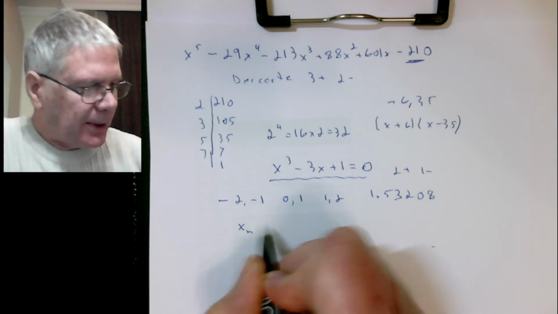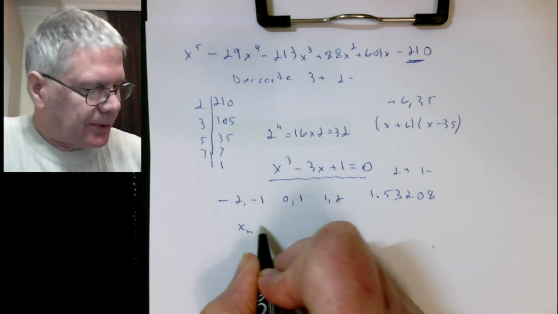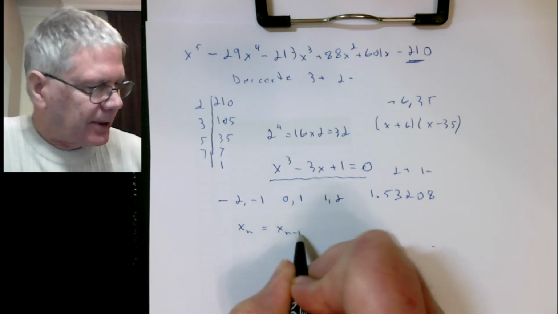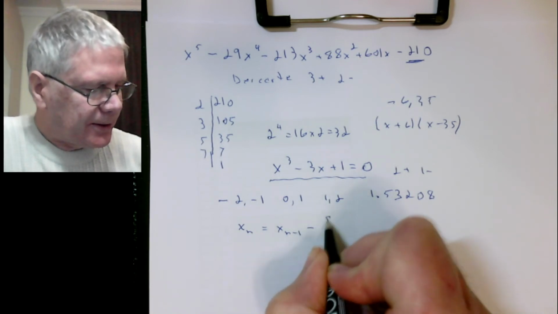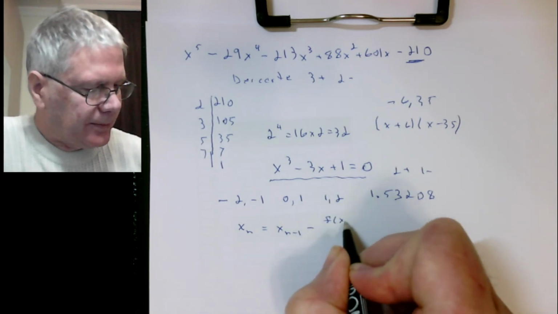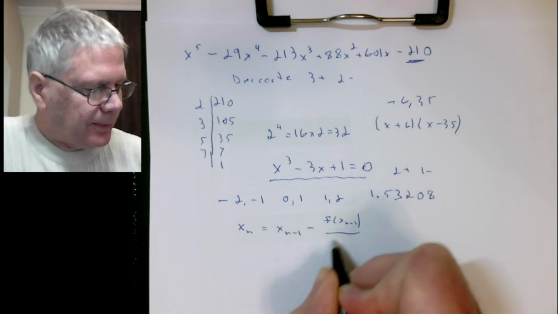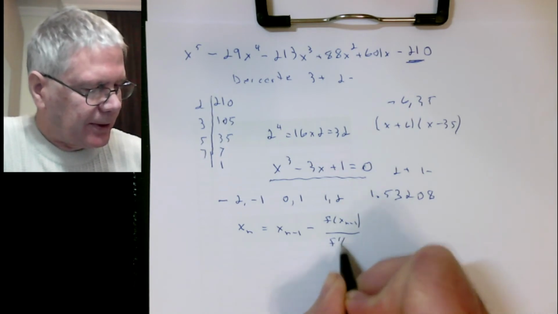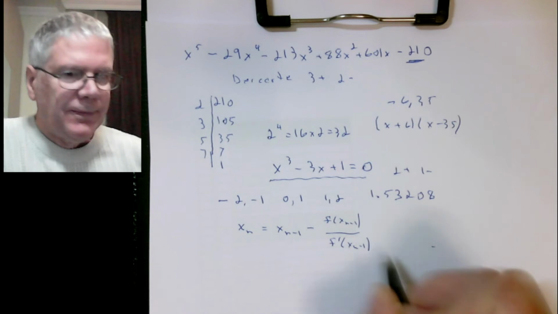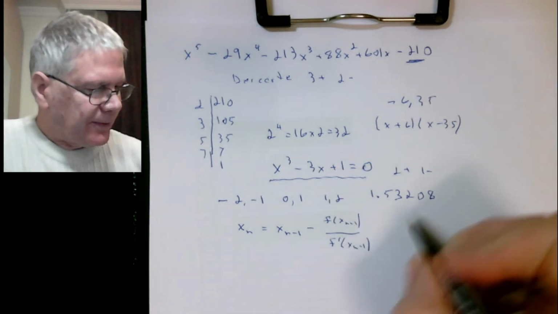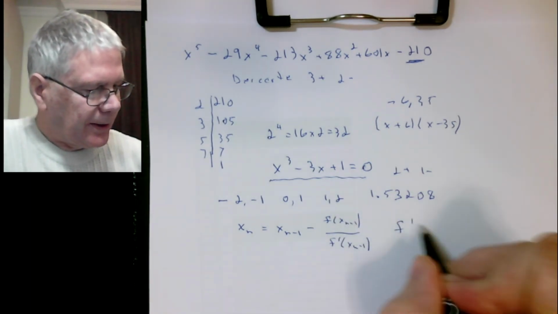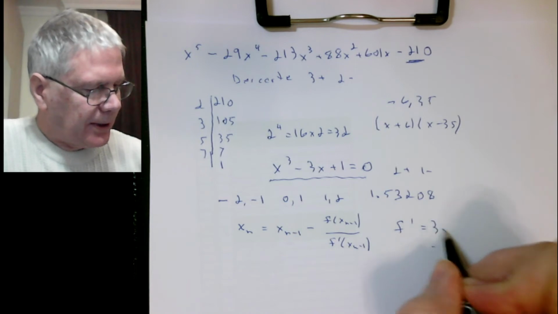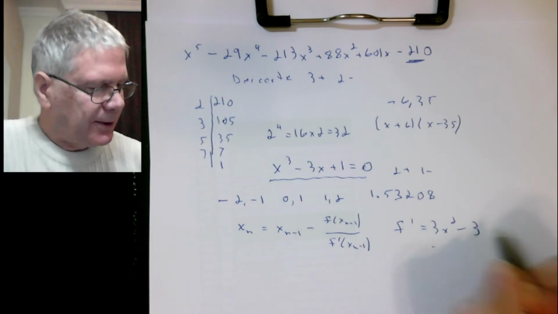So your nth approximation is equal to your last approximation minus the function at that value divided by the derivative of the function at that value. So we need the derivative of this function, and that is just 3x squared minus 3.